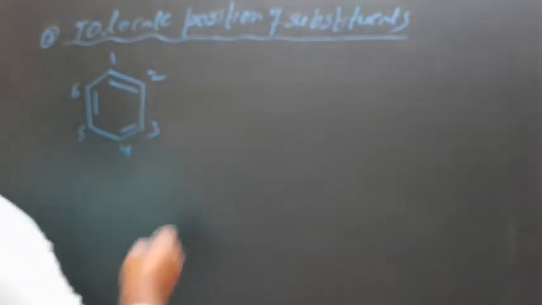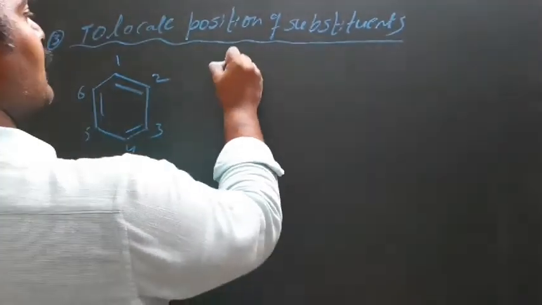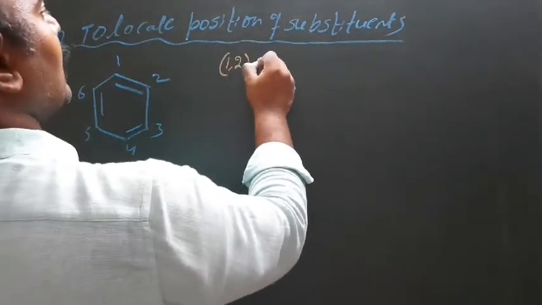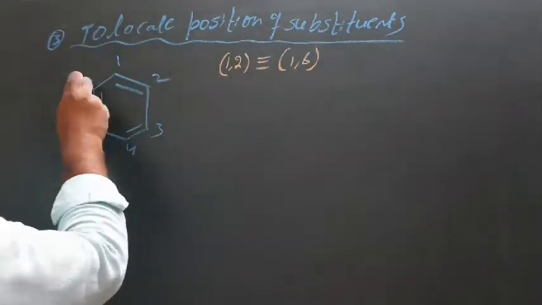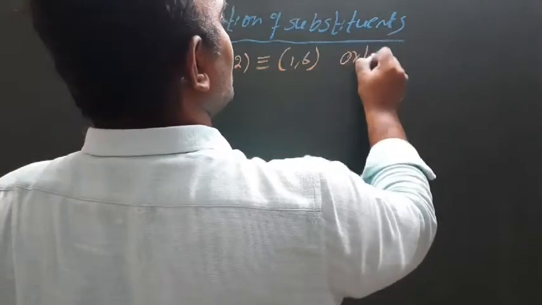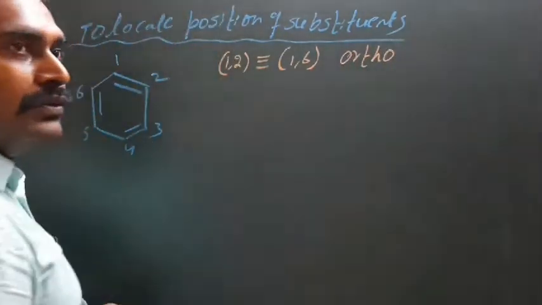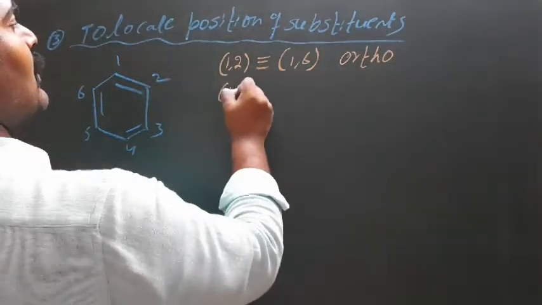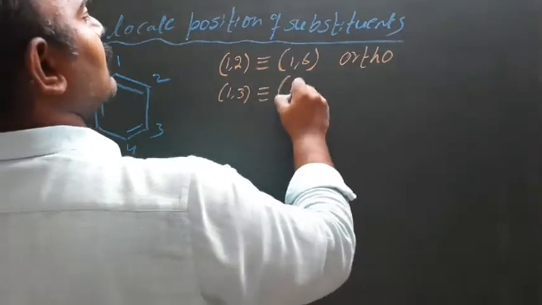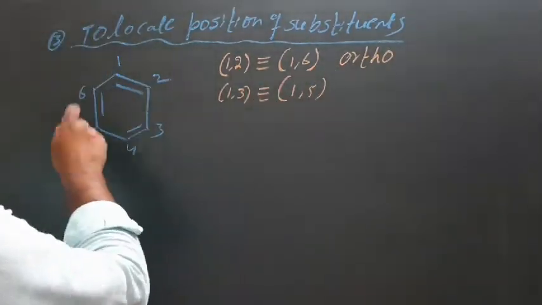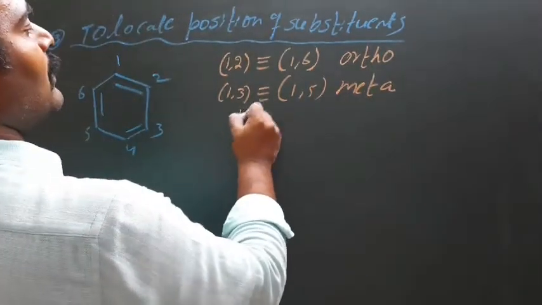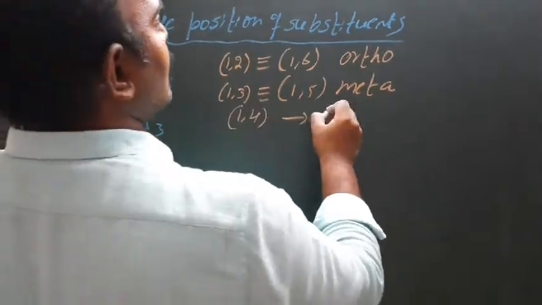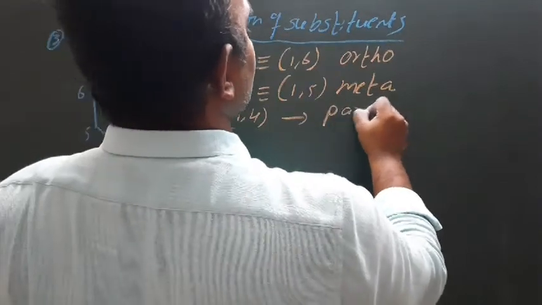Now see the positions of the carbons. Suppose two groups are present at 1, 2, otherwise 1, 6. The positions are identical. These positions are called ortho positions. 1, 3 is similar to what? 1, 5. These positions are called meta positions. And the 1, 4 position is known as the para position.